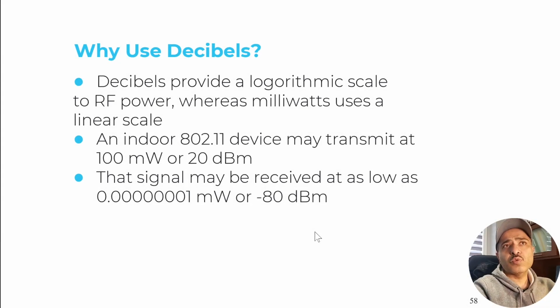The reason we use decibel is this. Milliwatt and dBm are both absolute, meaning actual values. But if I have to say I'm getting 0.0000001 milliwatt versus minus 80, it's much easier to talk about minus 80.